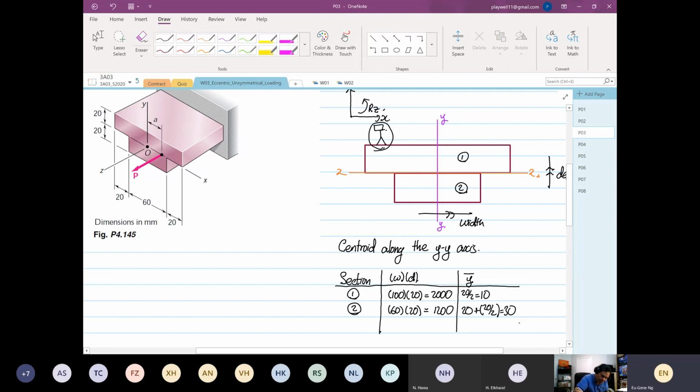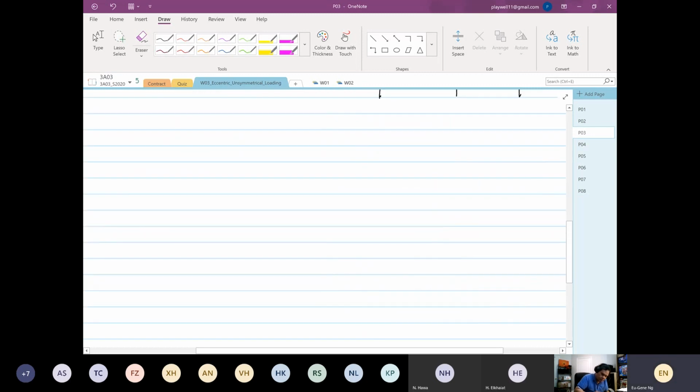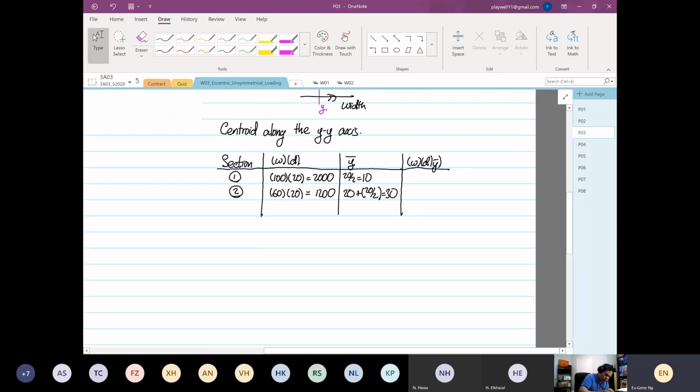So when you multiply them up, this is your A times y bar. So this will be equal to 20,000. And the next one is equal to 36,000. And then you finally do your summation. So this is equal to 56,000.